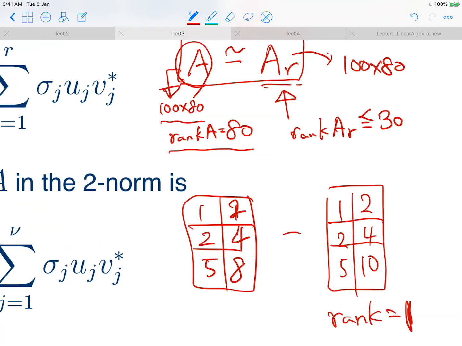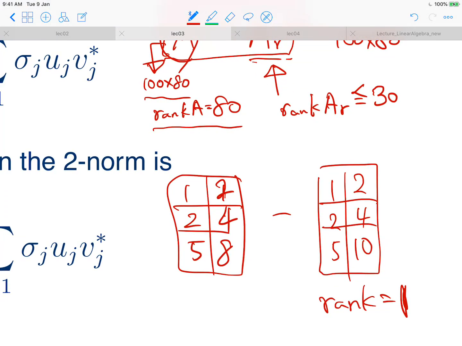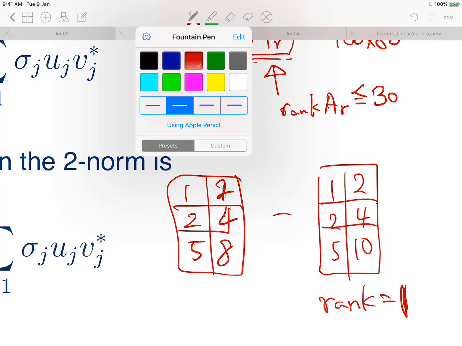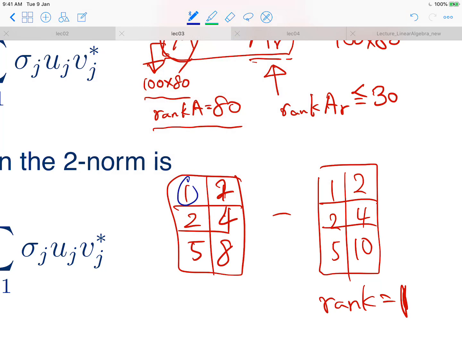Let's compare each element in these two matrices, 1 and 1, and so on, and only these two values may have a difference, right? Except for this entry, all the others are the same, so it can be viewed as an approximate version of the original matrix, but still the rank is 1.